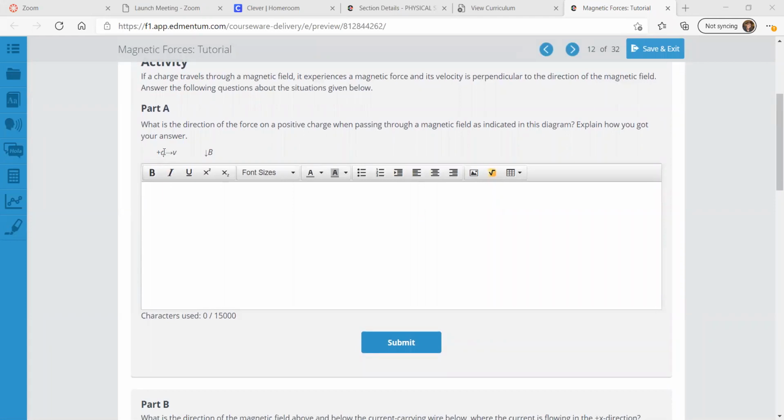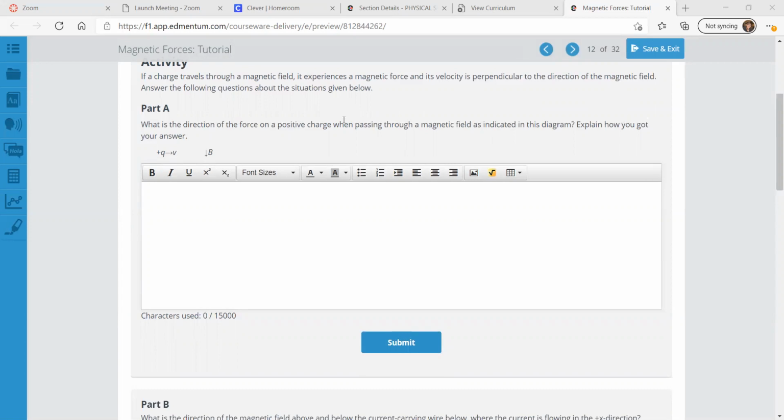So we have this positive charged particle moving to the right with this velocity. And the direction of the magnetic field, B, is pointing down. So with your right hand, put your thumb in the V direction.